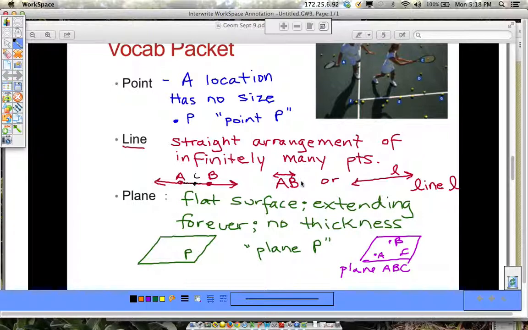And then you need to denote above so that the reader knows that this is a line. Make the line symbol above. So this could be line CB, just like this, and then the line symbol above.